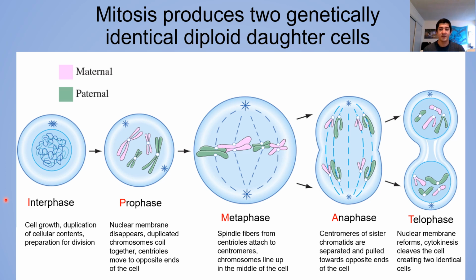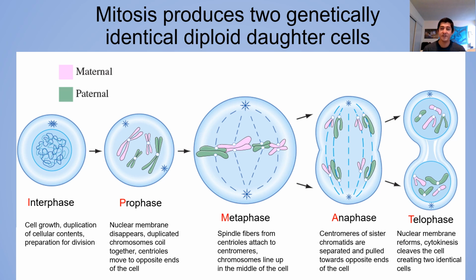Then we move forward into metaphase, where those condensed chromosomes will line up end to end. So they're two ends touching each other like this in the middle of the cell. And these spindle fibers extend out from the centrioles and grab the chromosomes at what are called centromeres.